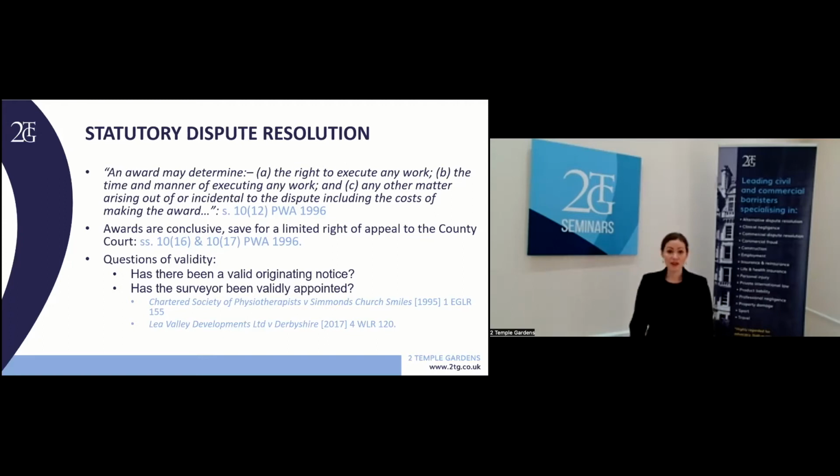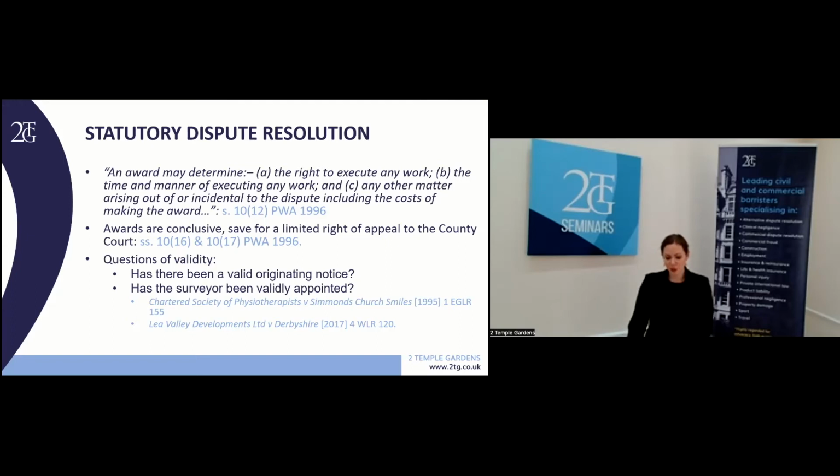Now, it's worth noting right at the outset here that the word surveyor is not a technical term, like the phrase chartered surveyor. Under the Act, there are no particular requirements for a surveyor. It seems that pretty much anyone can be appointed by the parties to be their party wall surveyor, even if in the rest of their life they don't do anything that looks like surveying.